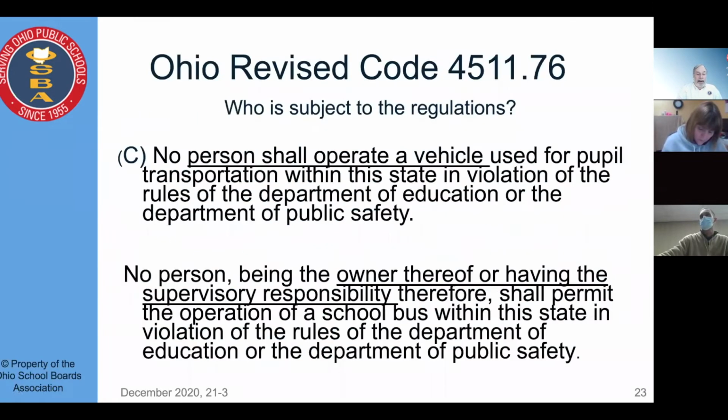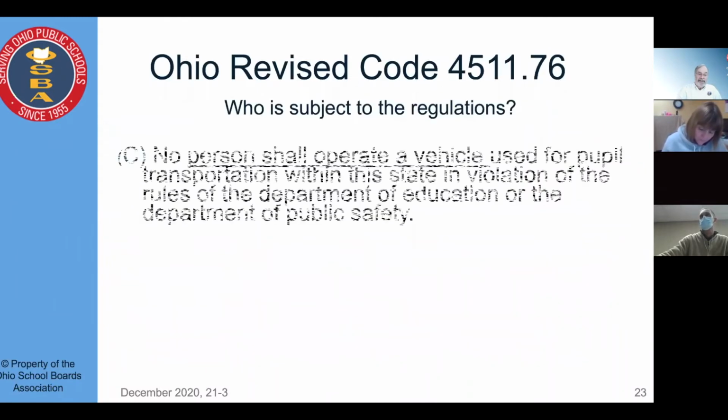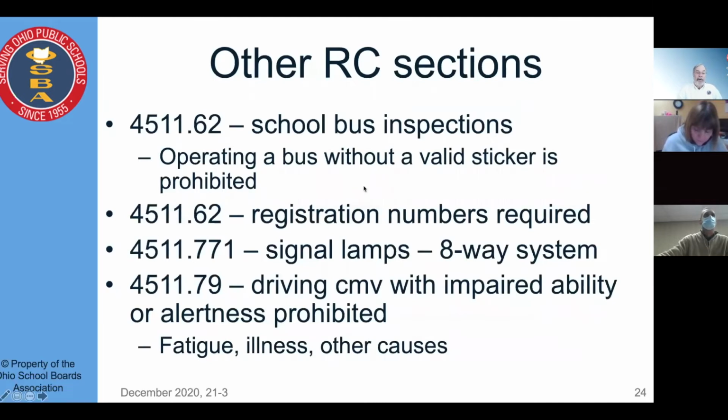Right? So of all the sections of code that we're going to talk about today, 4511.76 is the one that I want you to remember. It's one to keep close to your desk because ultimately that's what says you and I have to follow everything in the administrative code. We don't have the option of picking and choosing.